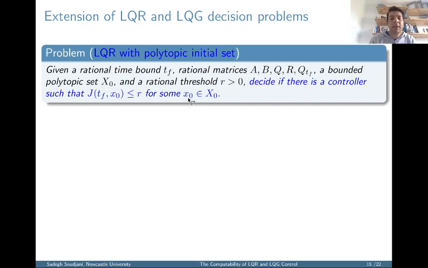Suppose I don't know the initial state of the system, but I know there is a bound on the initial state. I want to check whether there exists some initial state inside this set capital X0 such that the cost of the LQR is less than or equal to R.